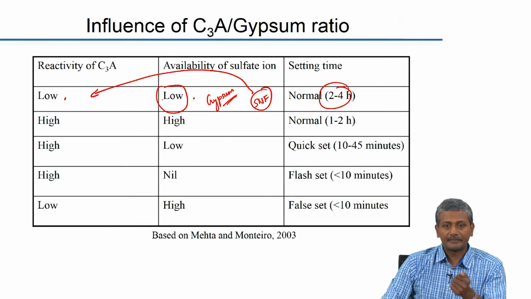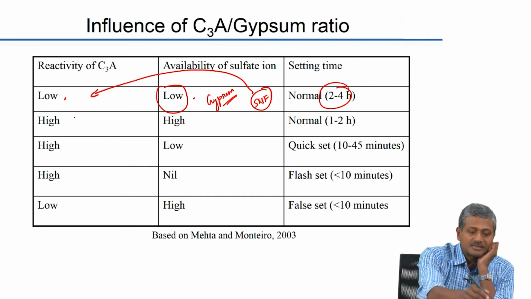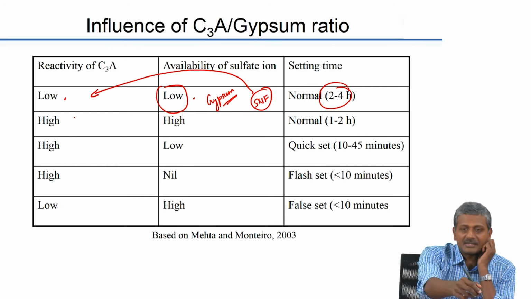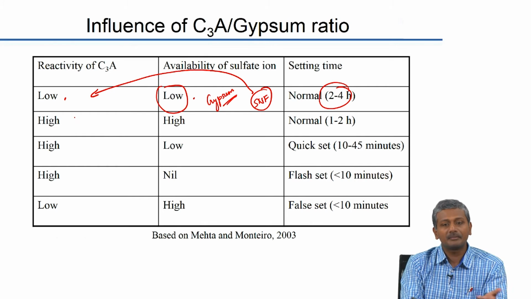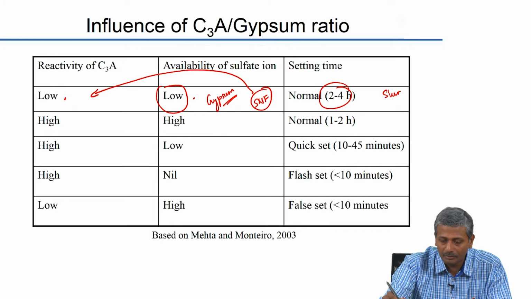So why will there be a slump loss in this case? Because C3A is not easily reacting with the sulfate, my SNF again preferentially adsorbs on the C3A, and it may result in slump loss. So a possibility could be slump loss, let us call it S, and retardation.